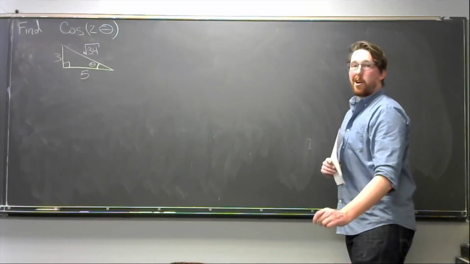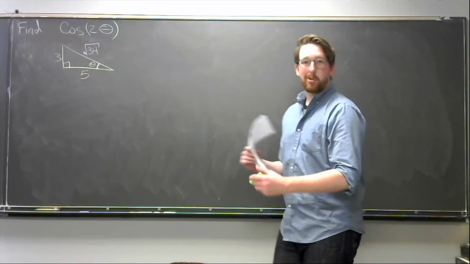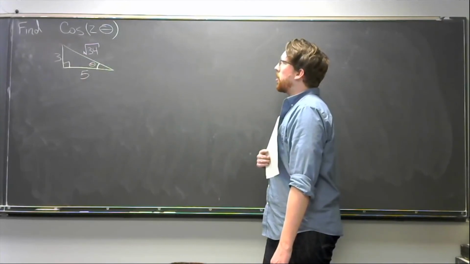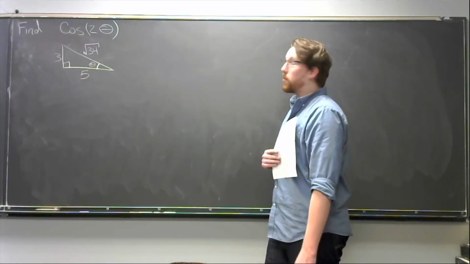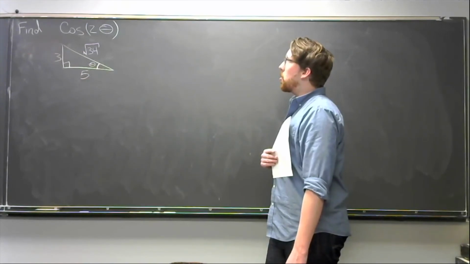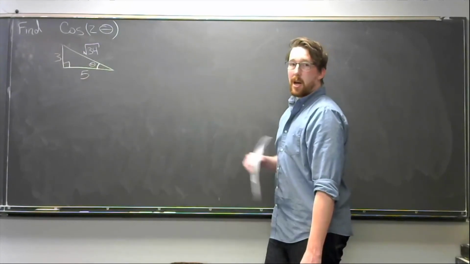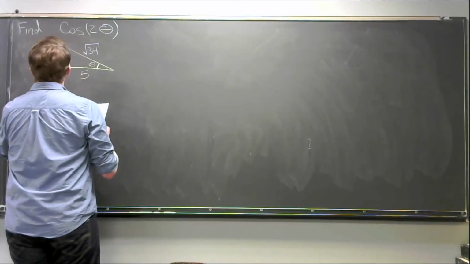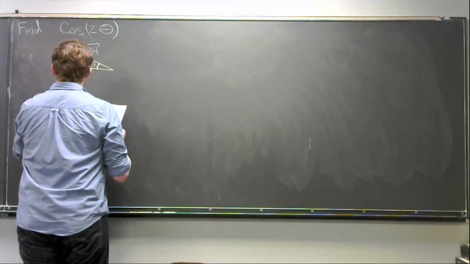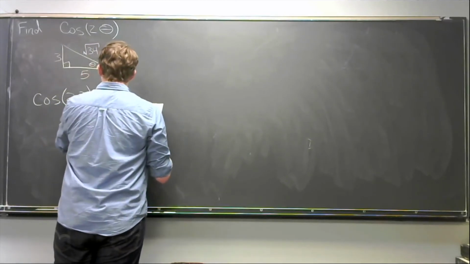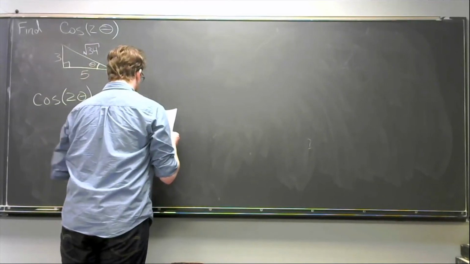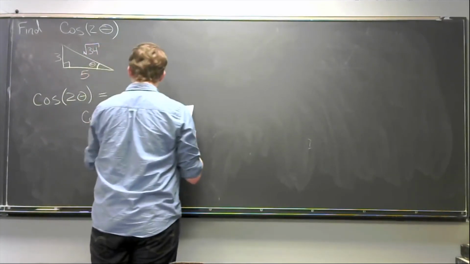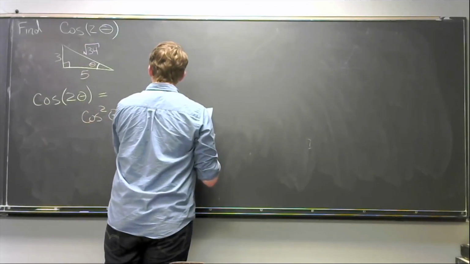We know as much as we're going to know about the triangle without doing some other work, right? So here, the first step that might be most useful to us is to write out all the double angle forms for cosine. So we know that cosine of 2 theta is equal to cosine squared of theta minus the sine squared of theta.